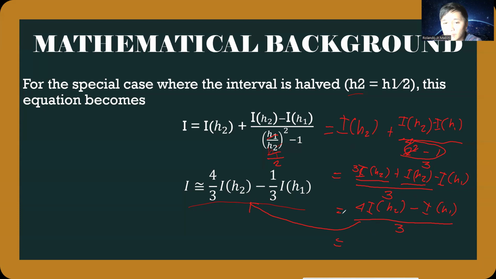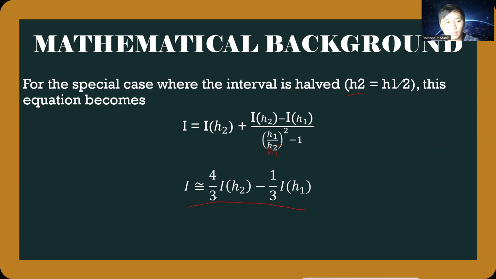So the right side becomes 4/3, and then the left side minus 1/3. And this one here is now our equation for the Richardson extrapolation.